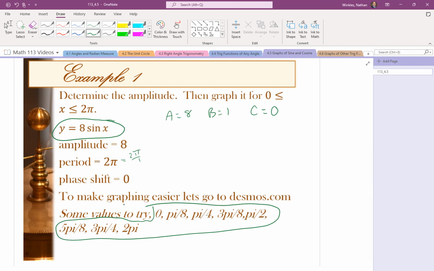Just to kind of show what we're doing here, if we wanted to really know what this graph looked like, we could go out here to desmos.com. It's a nice, easy graphing calculator.